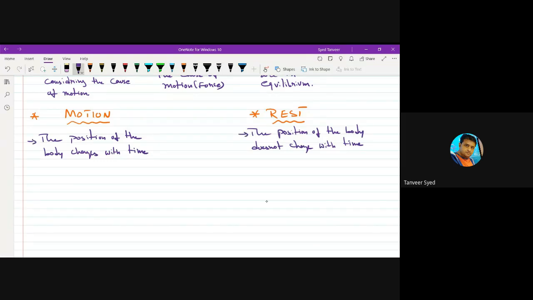Okay, and again, motion and rest, these two are relative things. The states of rest and motion are relative. Relative means depends on something, they have something in common.